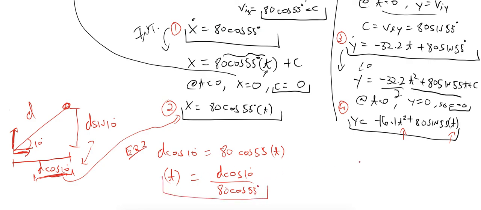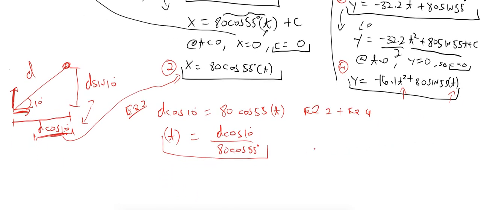We get that. And then what we do is equation 2 plus equation 4 gives us what? Well, before I do that, let me not skip this step. Very valuable stuff that I have to show.